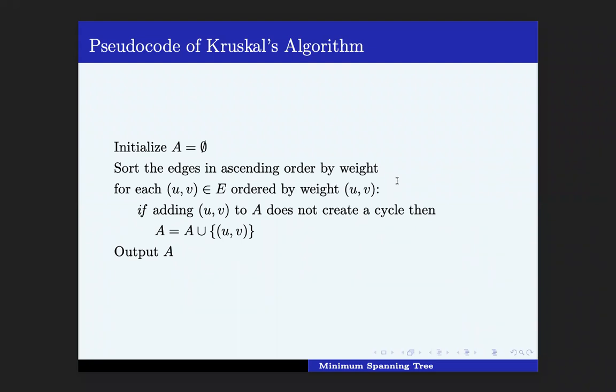The ordering part makes sense, and for the second part, ordered by weight, if you're adding, we have to keep track of whether we visited the vertex before, to make sure that we are not forming a cycle.